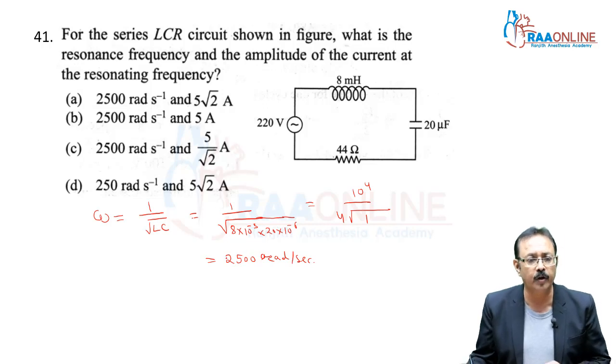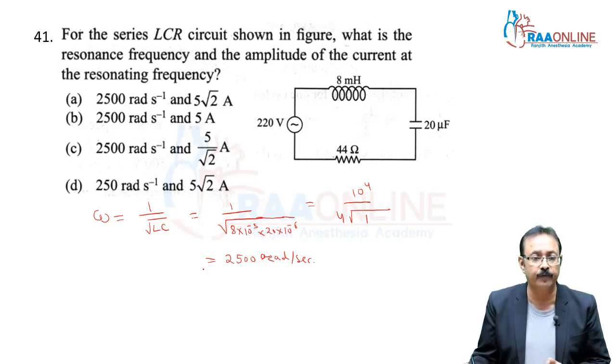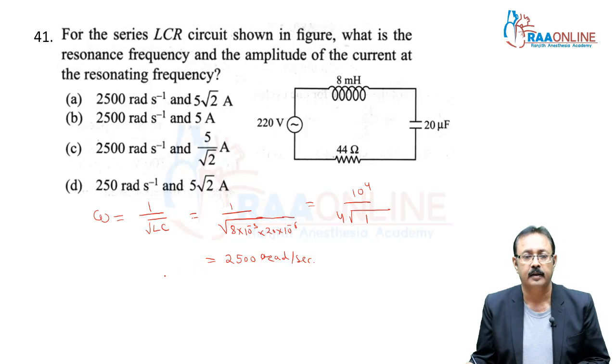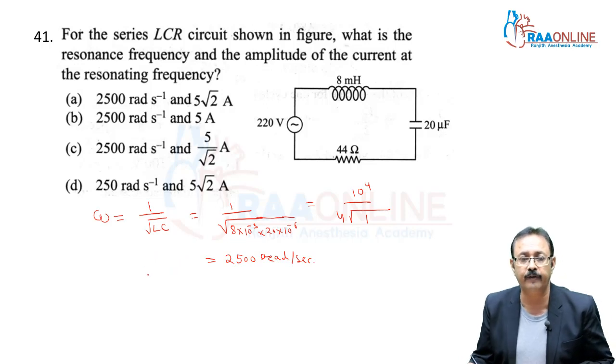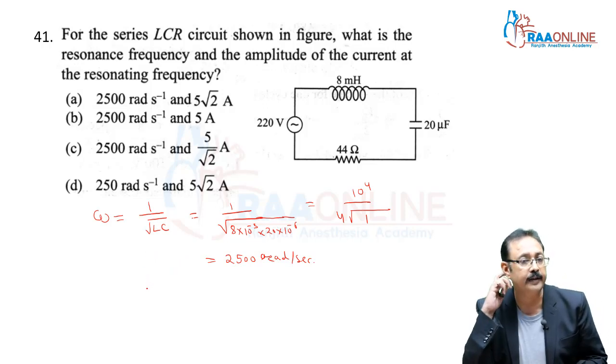So omega is 2500. Now we have to move to the current.